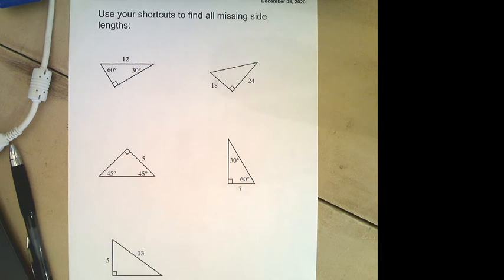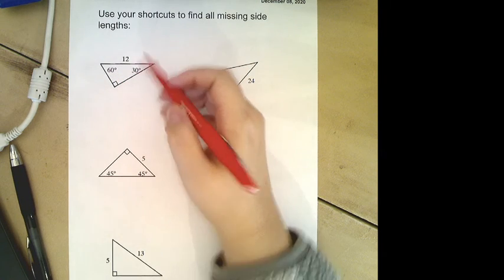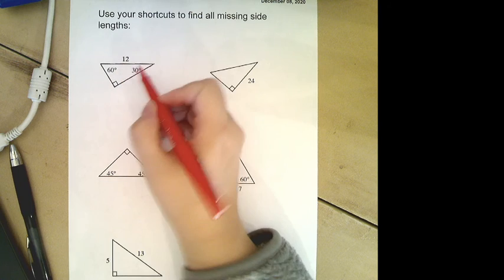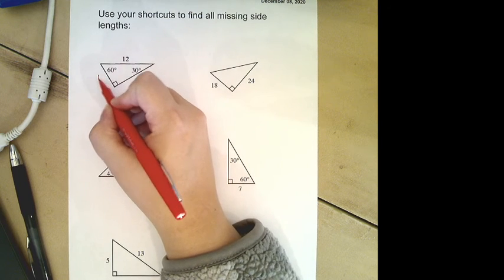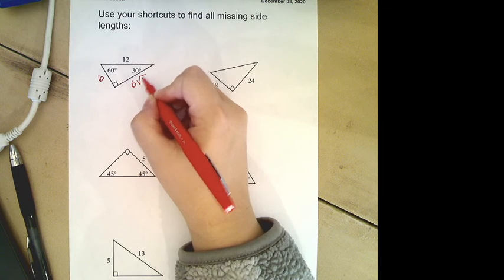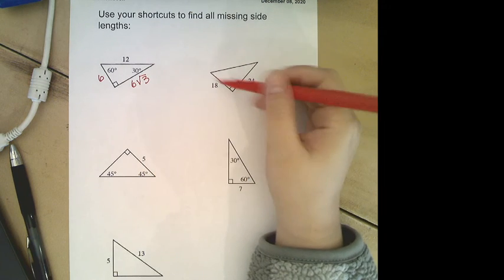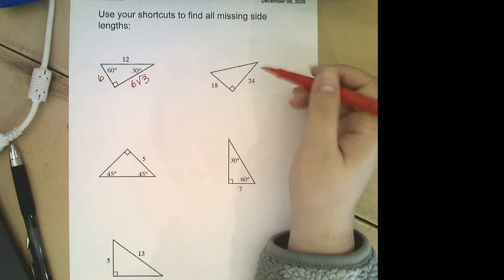So you should have found your side lengths. So this is our 30, 60, 90. Our hypotenuse is 12. So that means our short side is 6. Our long side is 6 root 3. If we look at our second triangle, that is a Pythagorean triple.